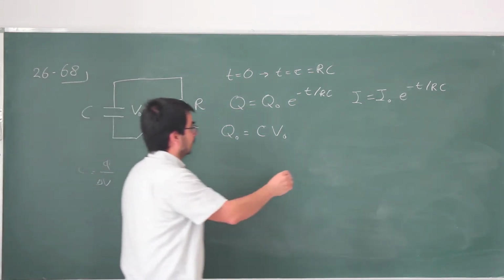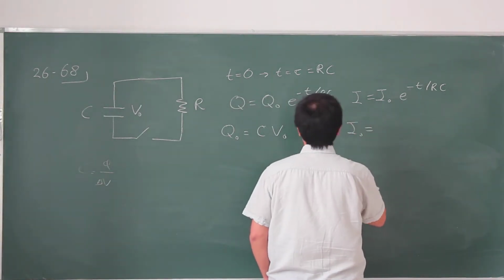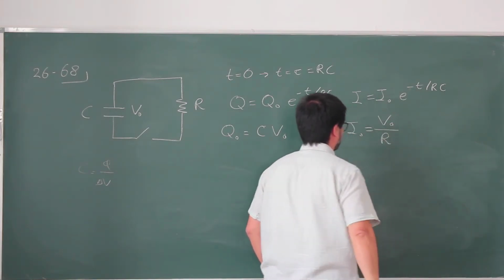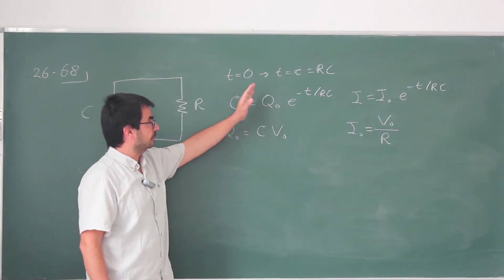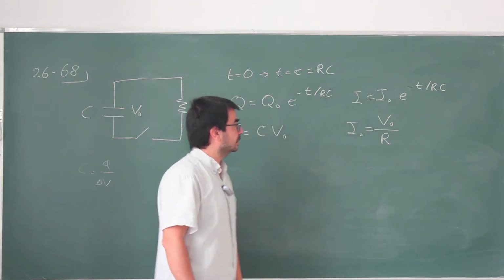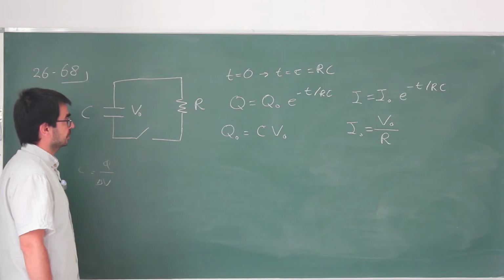And that I0, the initial current, is going to be the potential difference provided initially divided by the resistance. So we start the discharge, we start with this current, and then we decrease our current in the following manner. So discharging occurs.